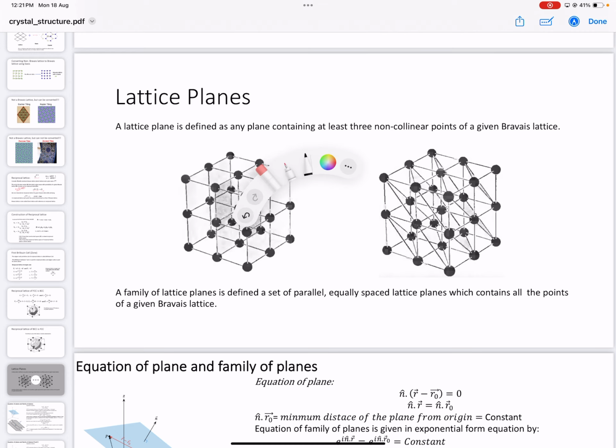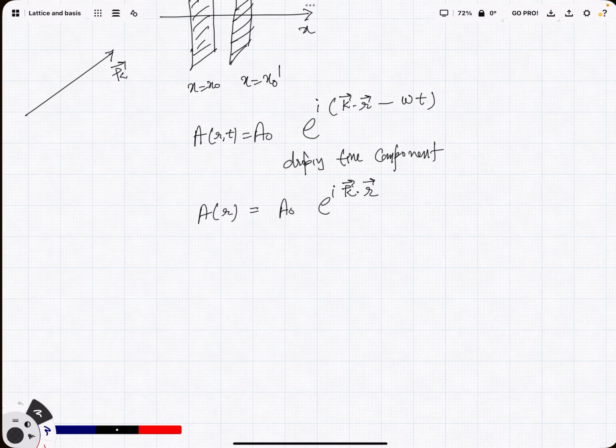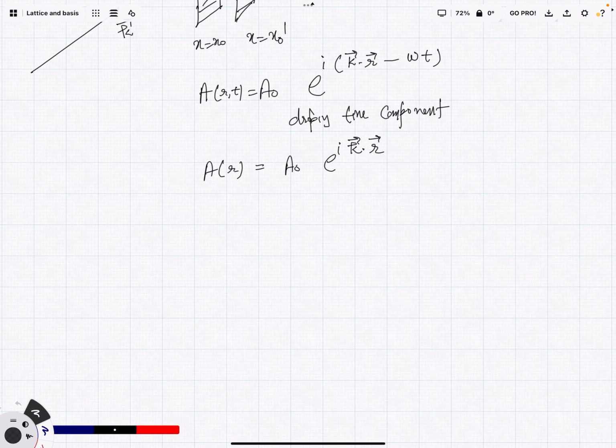Then you can have equally spaced planes, a family of planes. These are called lattice planes and lattice plane families. Just a definition, right? And what we wanted to establish is the equation of that lattice plane or lattice plane families, right? So let me start from here.